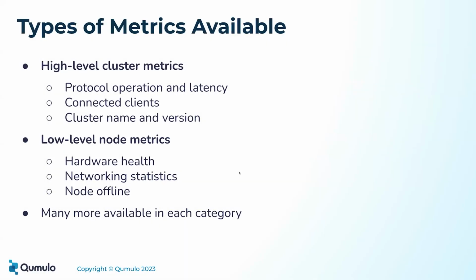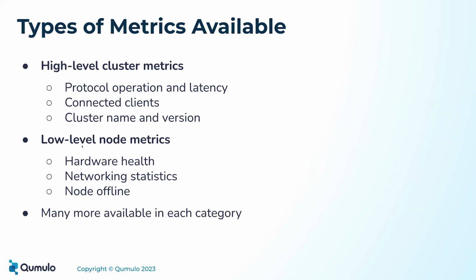So what kind of metrics are available? We have two broad categories of metrics that the Qumulo API will send to your monitoring system. We have high-level cluster metrics, which show you things such as protocol operations and latency, the number of connected clients, and information about the cluster, such as the name of the cluster and version.